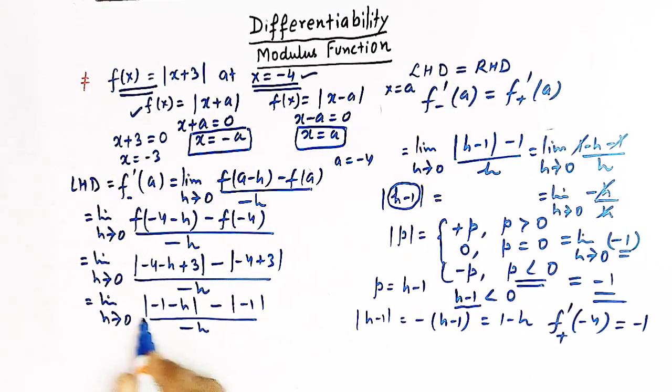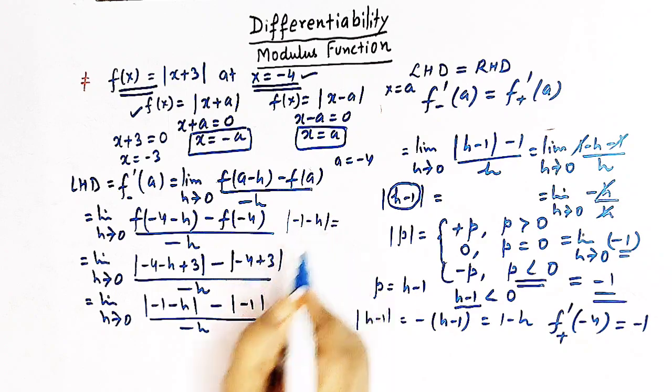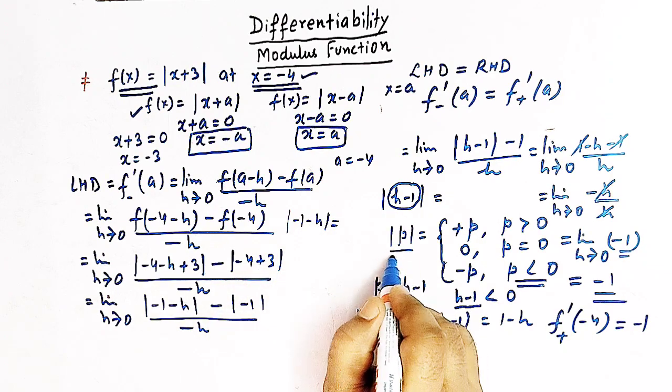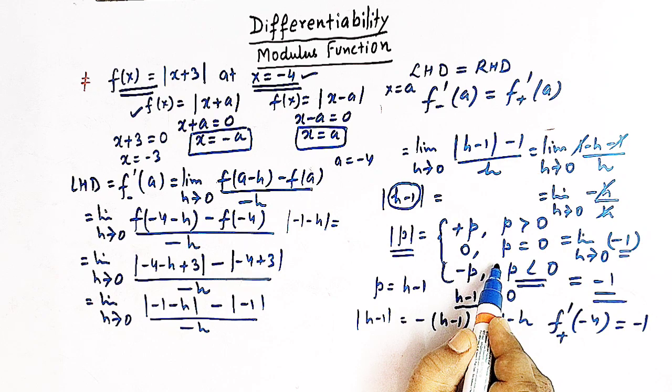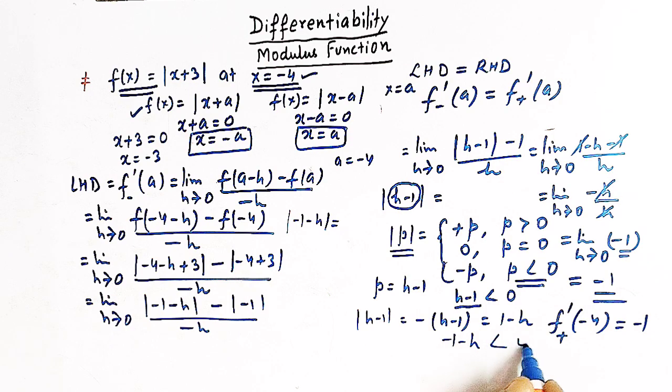So now here we have mod of minus 1 minus h, right? So again we'll make use of this definition of mod function. So minus 1 minus h is again less than 0, right? Because here we have negative sign, here also we have negative sign, and h is a positive quantity, right?